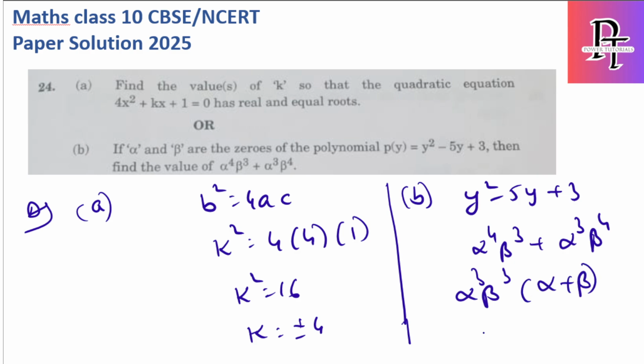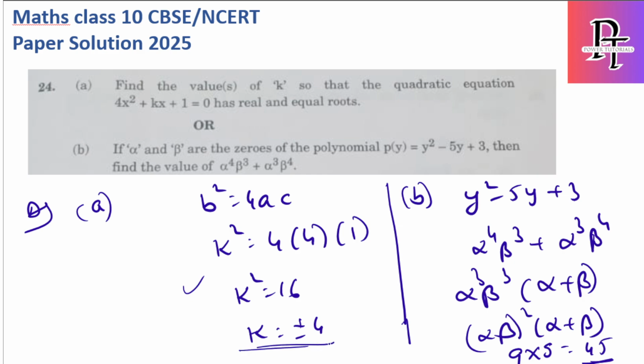So it is alpha beta whole cube into alpha plus beta. Alpha beta is the product of roots, which is 3. 3 whole cube is 27 into alpha plus beta is minus b by a, which is minus of minus 5, which is 5. So both are taking less time, but when compared to both, this is much faster, and we can feel much more confident when solving this question.